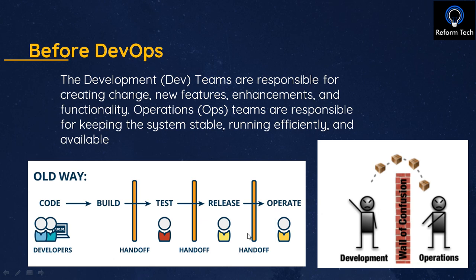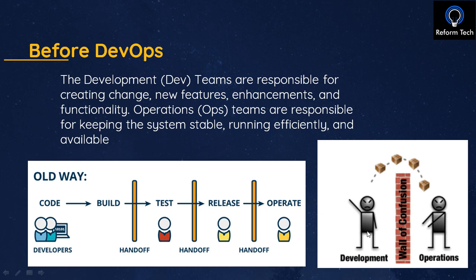Every time the developer writes a code and throws it to the operation team, they have to deploy it, and then they have to come back to the development team. So this is a wall of confusion. For example, if the operation team sees a bug, they have to go and report to the development team.